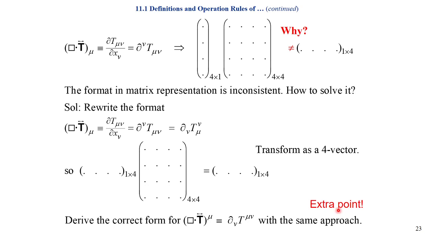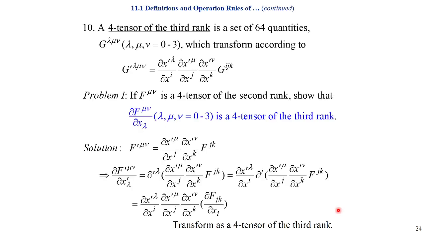Okay. Item 10. We still have the last two items. Item 10: a four tensor of the third rank. A four tensor of the first rank is a four vector, just 4 components, 4 quantities.